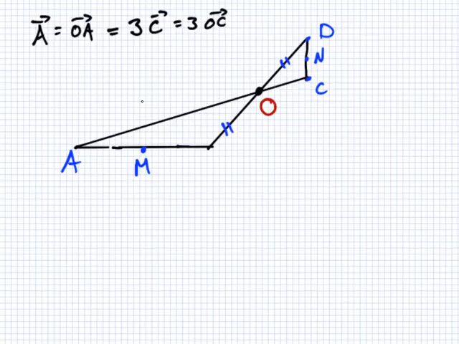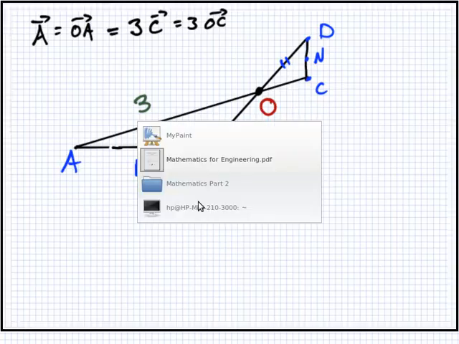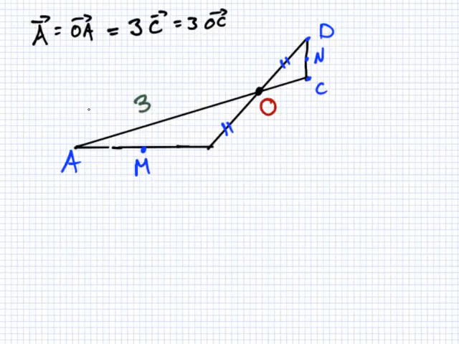So in other words, if this is 3 units, this one here is 1 unit. And CN equals ND. Okay, so let's see the first one. Oh, and we're looking for it in terms of A and D vectors.